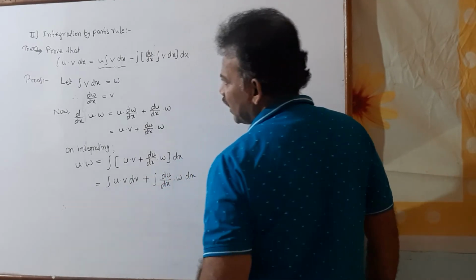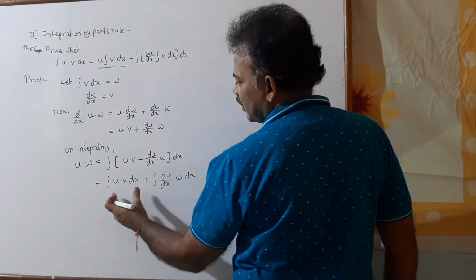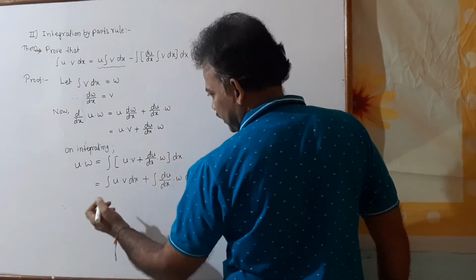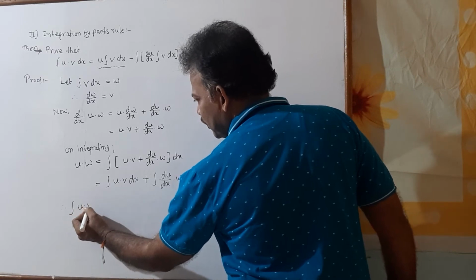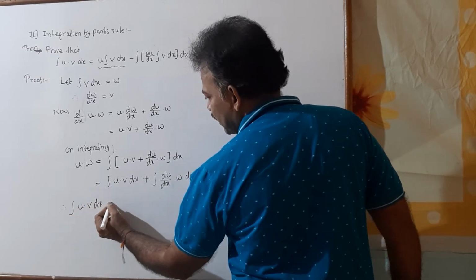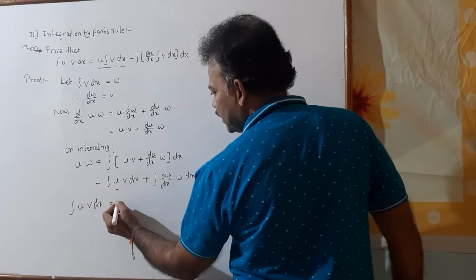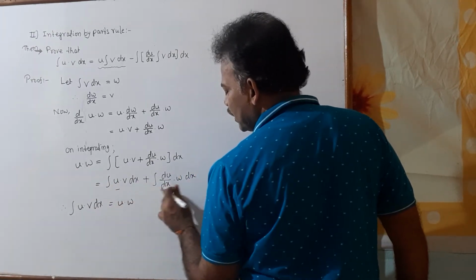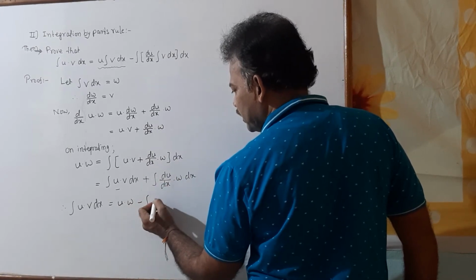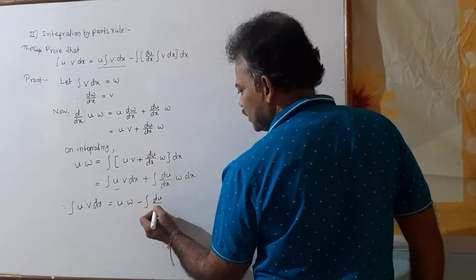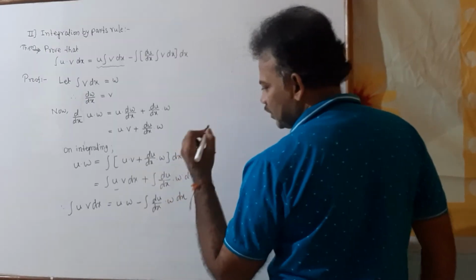Therefore, note that the left side is integral u into v dx. So take this on the left side, we take the second term on the left side. So what do we get? From this we can find the integral u into v dx is equal to, left side as it is, u into w, take this second term on the left side, it becomes minus sign, integration du by dx into w dx.